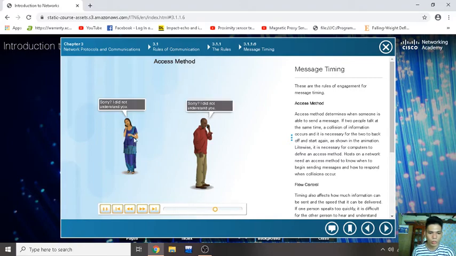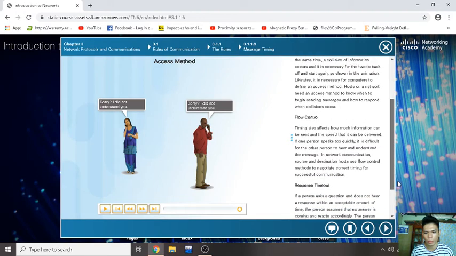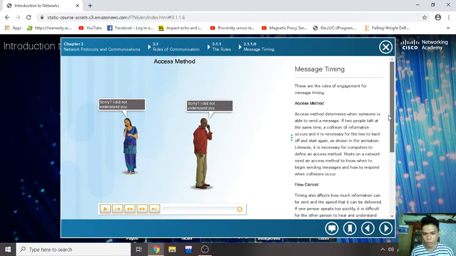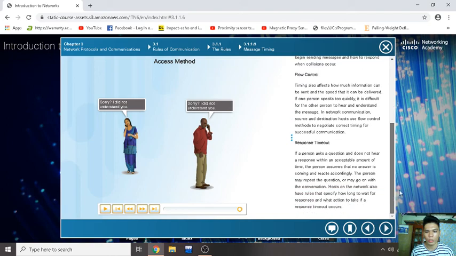So message timing happens when they are talking and both are speaking at the same time, and they will not understand what each other said, on both sides.